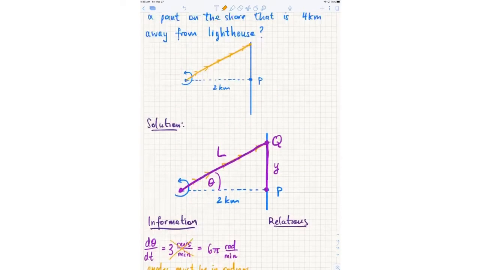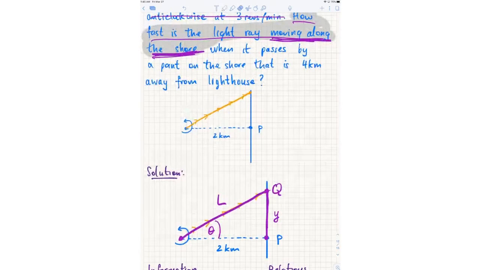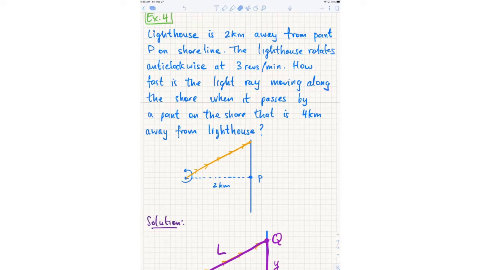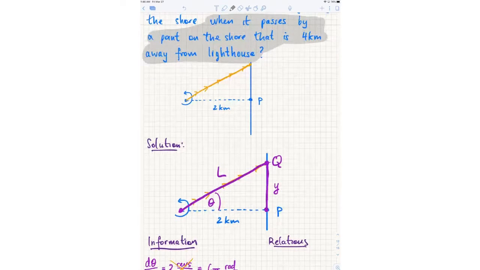And then the last part of the question statement says, when it passes by a point on the shore that is 4 kilometers away from the lighthouse. We're used to this by now: it describes the time that you're actually interested in, that snapshot time. How can I describe that snapshot time in terms of the variables that I have defined?